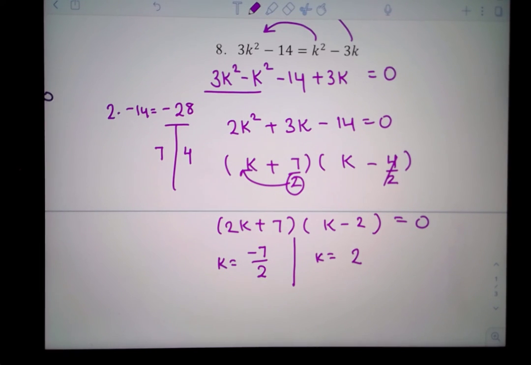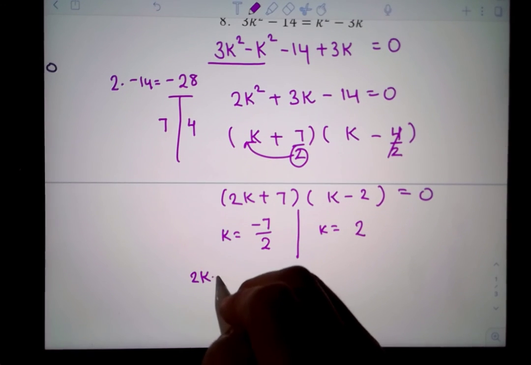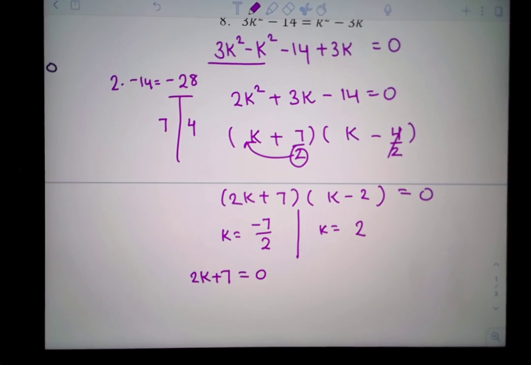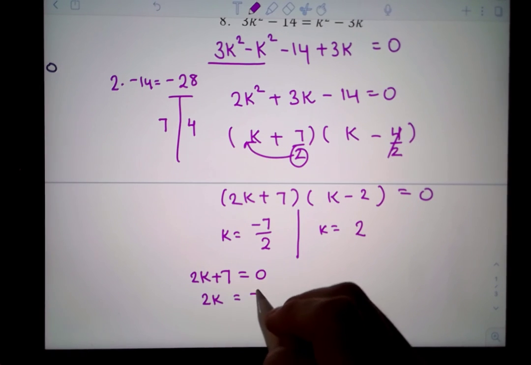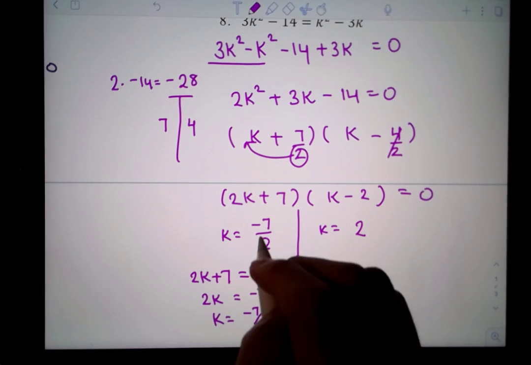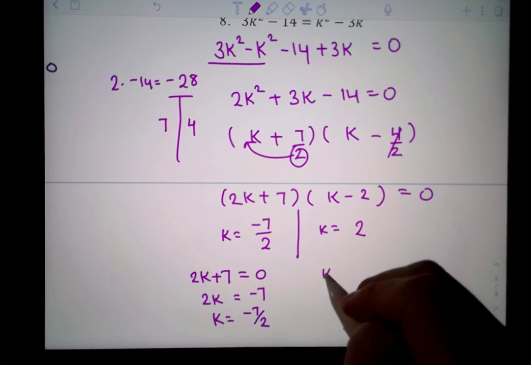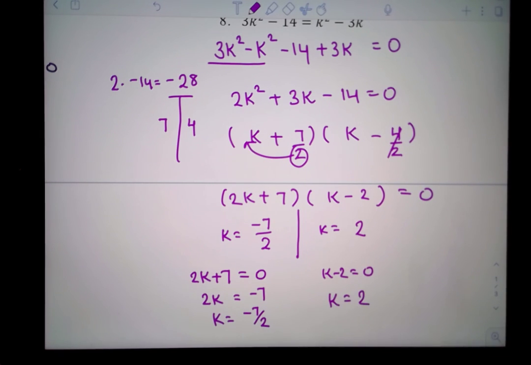If you get confused with the shortcut, then you can solve it, no problem. 2k plus 7 equals 0. You set it up like this, and 2k equals negative 7, k equals negative 7 over 2. You get the same answer, right? And k minus 2 equals 0, k equals 2, you get the same answer, right?